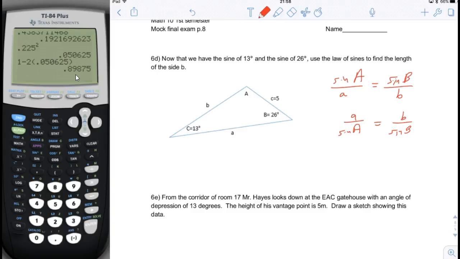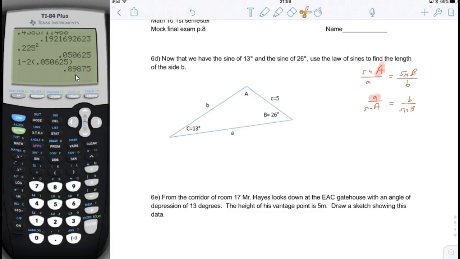Which way is convenient? Well, if you don't know an angle, then you would want to use this format, because then your unknown angle is in the numerator, you don't have to move it around, flip it over, anything like that. If your unknown is a side, then you would use this version. Okay? So let's see in this case what we're looking for.